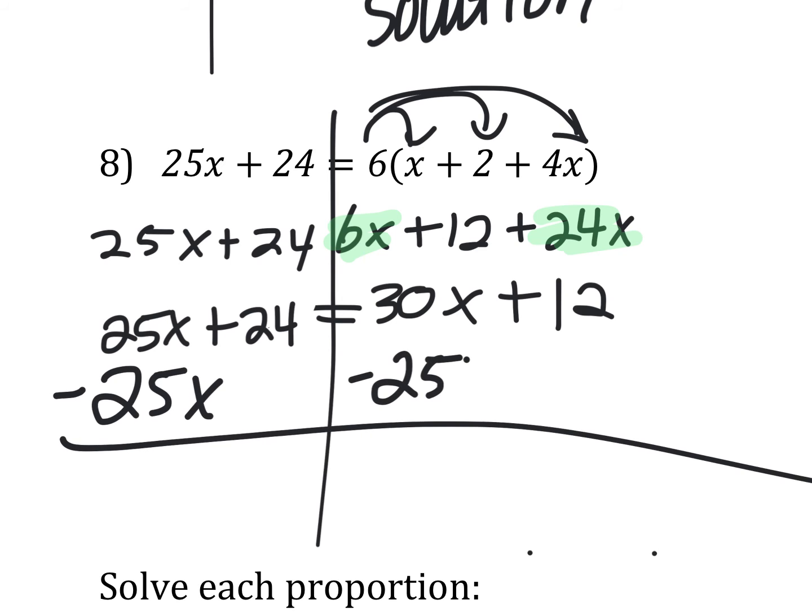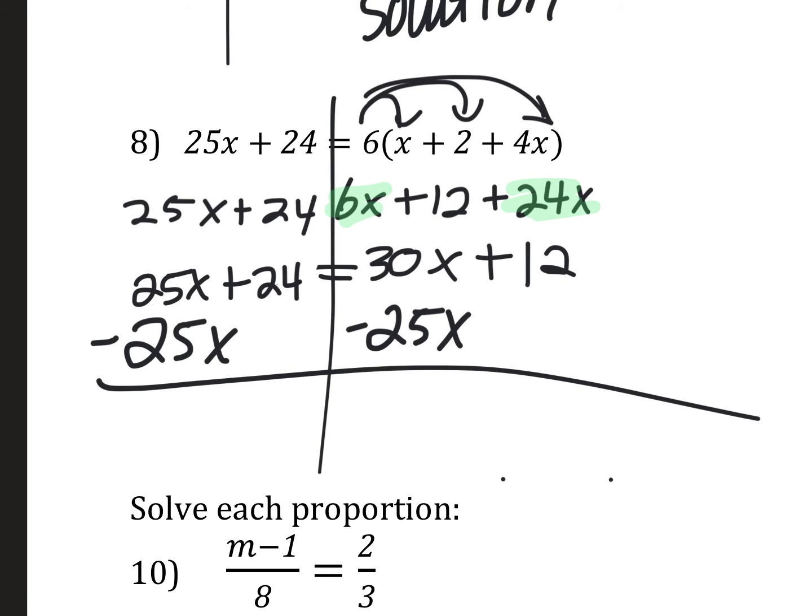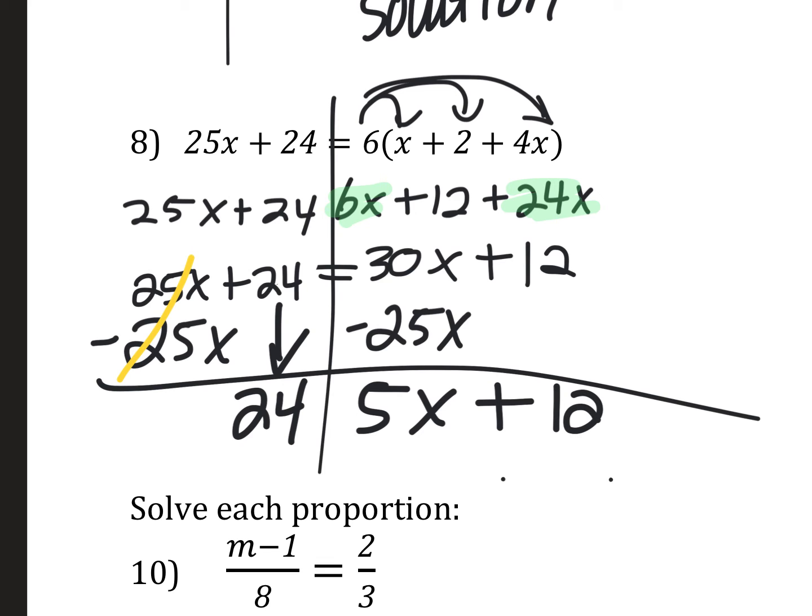And I need to subtract it from both sides that have the x. So those are going to cancel. That's going to leave me with 24. And then 30x, take away 25x, leaves me with 5x. And I've got to bring down the plus 12.